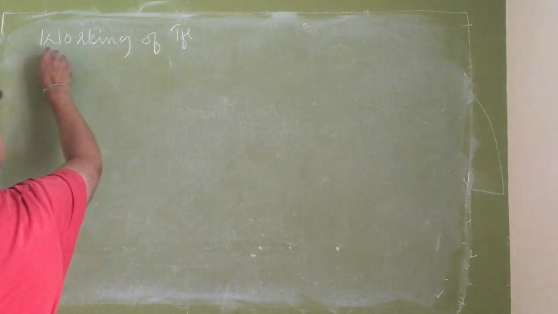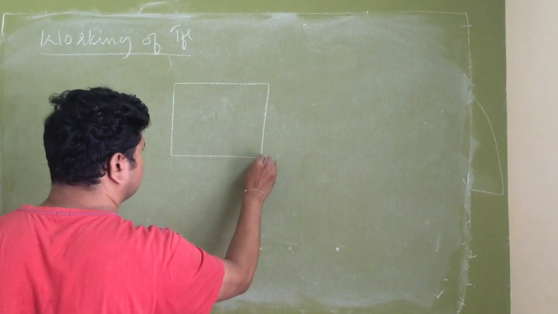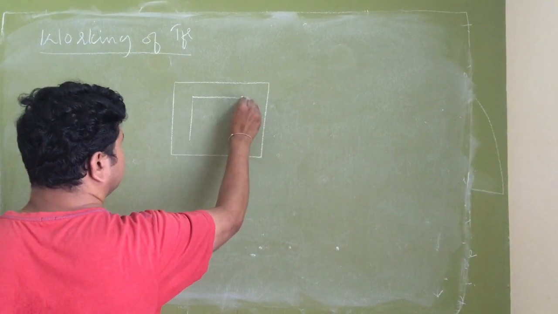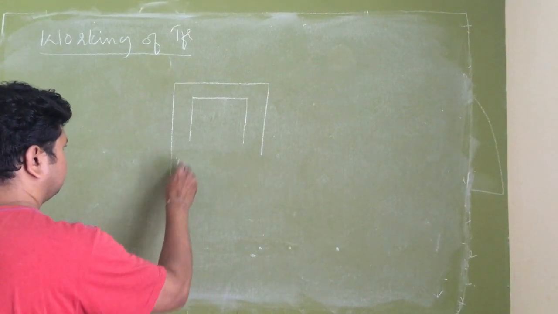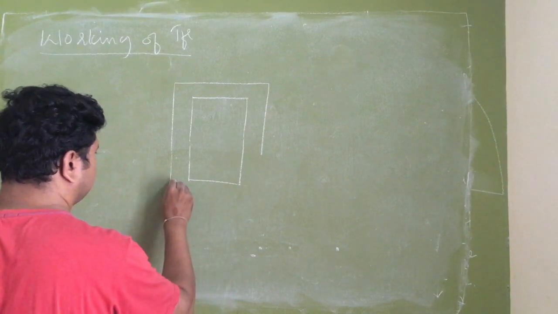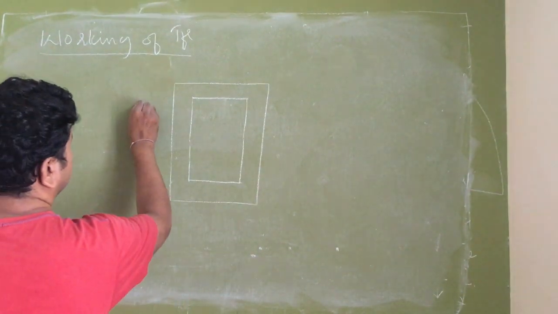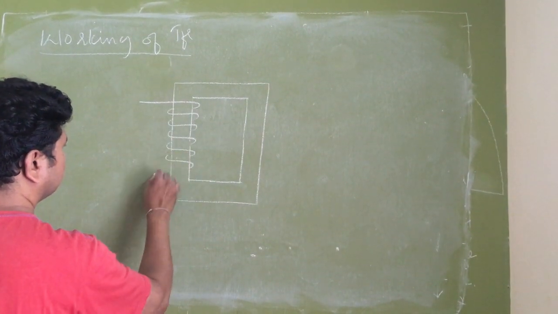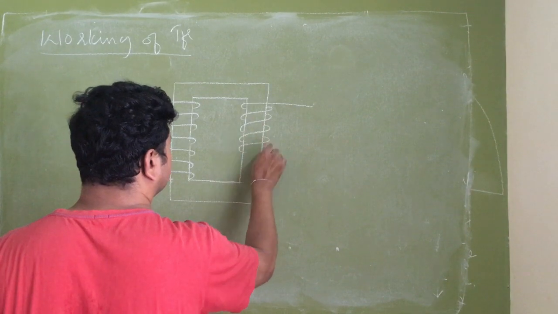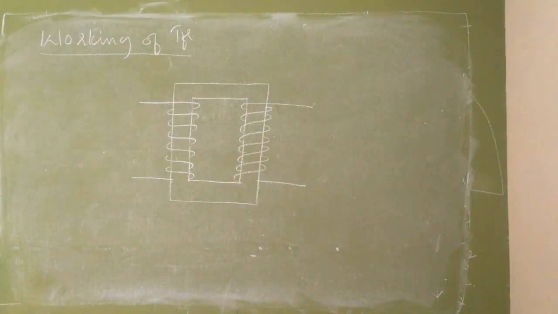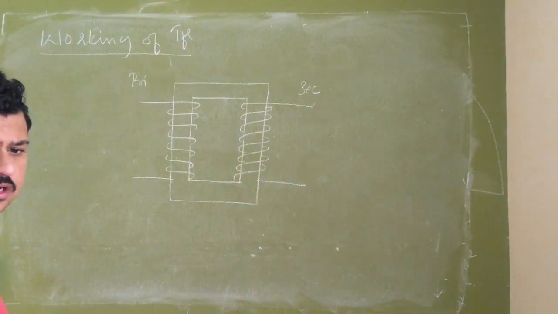Working of a transformer. So I have a transformer with primary winding and secondary winding kept on the two limbs of the transformer core.